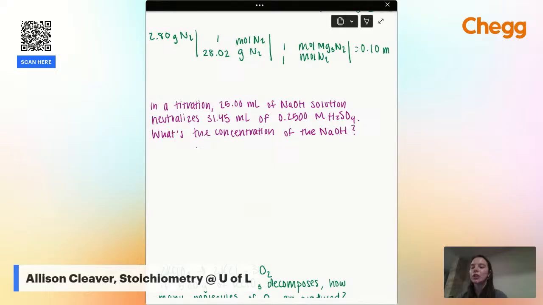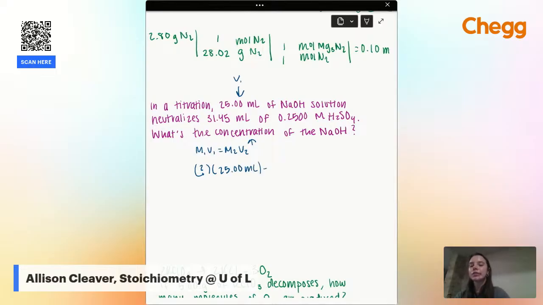So if you don't remember the dilution from earlier, it's M1V1 equals M2V2. So our M1 is going to be a question mark because we're trying to figure out the concentration. Our V1 is going to be that 25 milliliters. I'll label it so that we can all see what we're talking about.